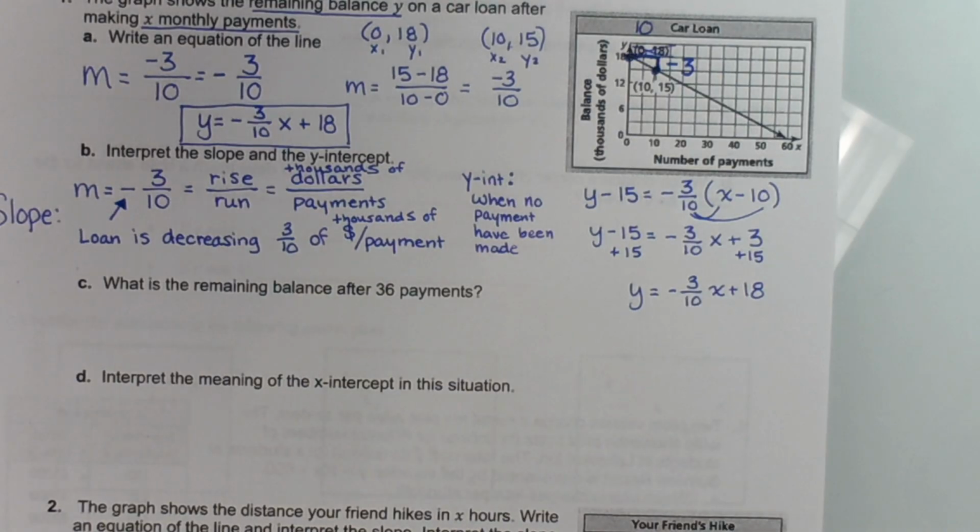Now that's only part of it. But the y-intercept will always have x be 0, which means it's always whenever this unit is 0. In this case, payments. Number of payments is 0. When you have made 0 payments, the 18 is telling us that's how much money is on the loan.